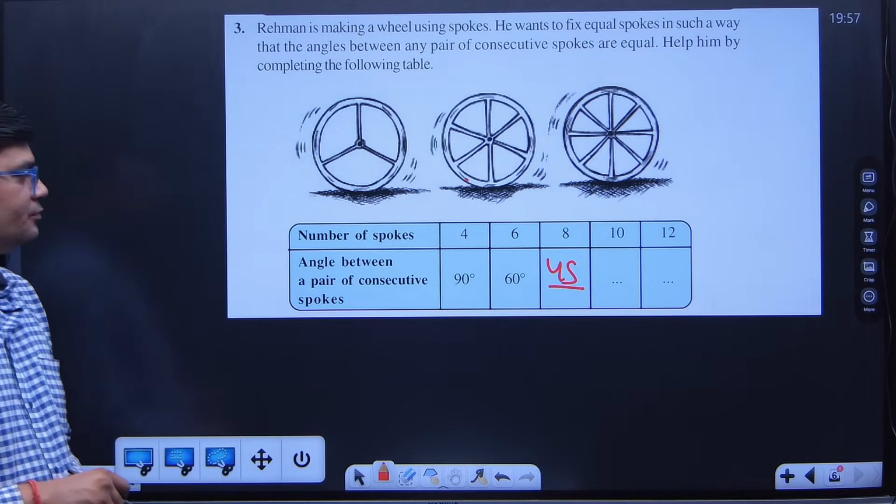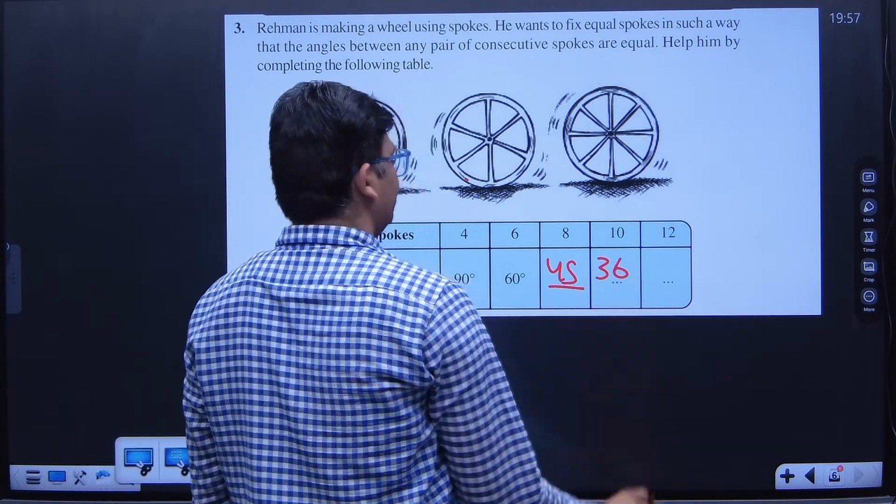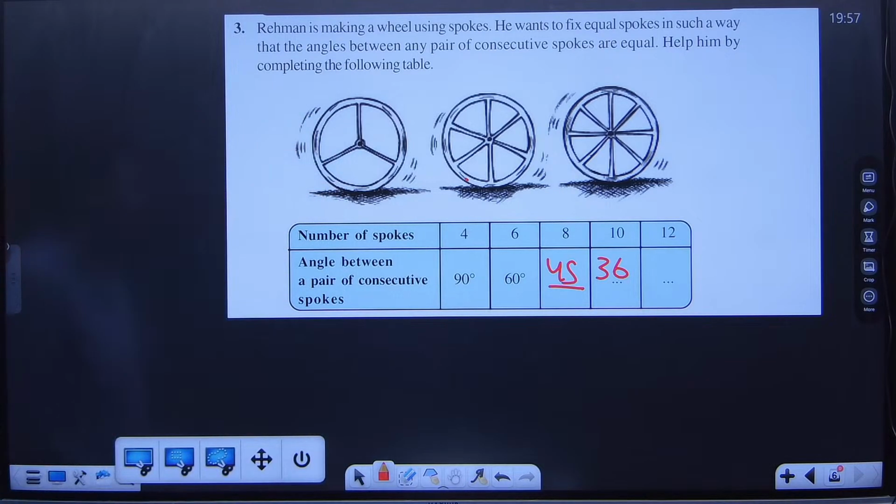How much? 36 degrees. Okay. Let me find for 12.